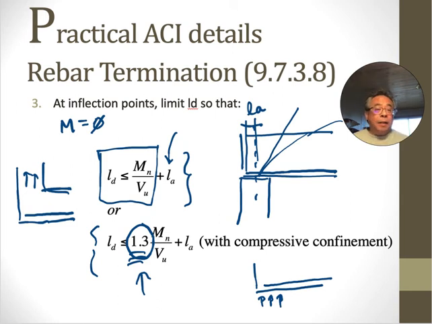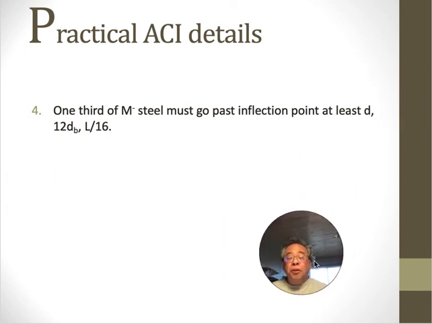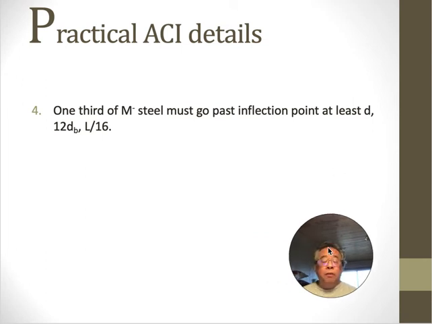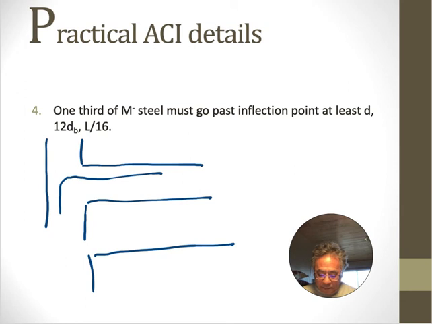Okay, now there is one practical ACI detail for negative moment, and 1/3 of your negative moment steel has to go past the inflection point D, 12 bar diameters, or L over 16. So that's this. Here's your moment diagram.